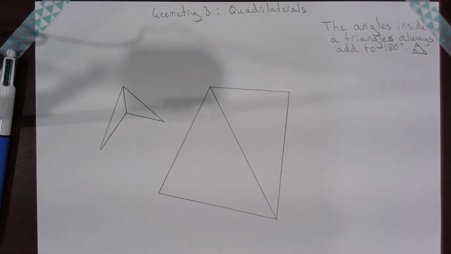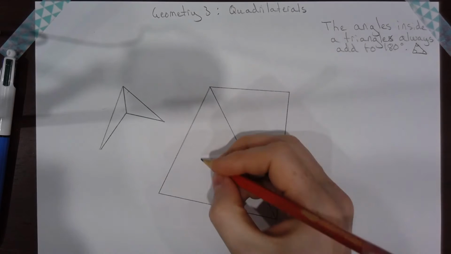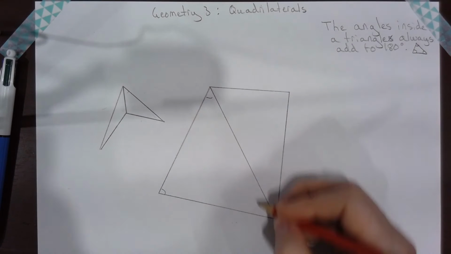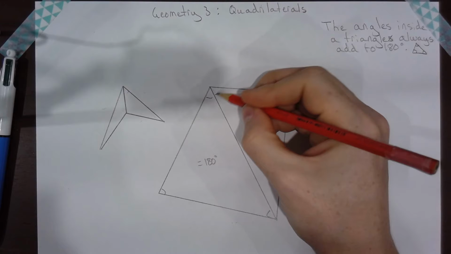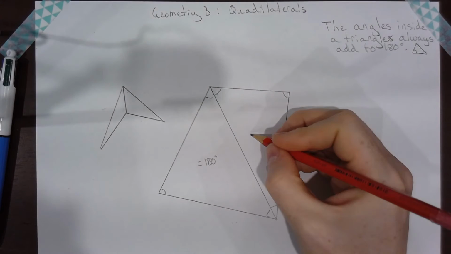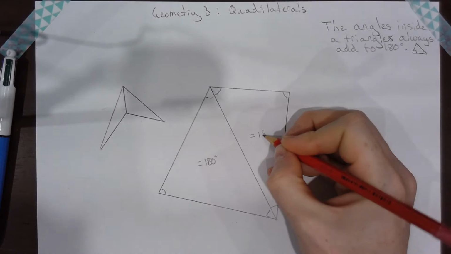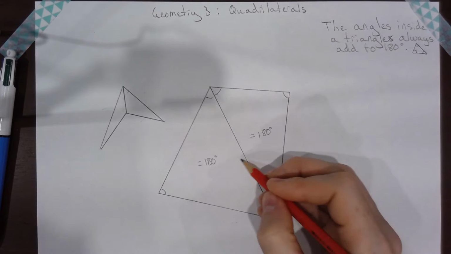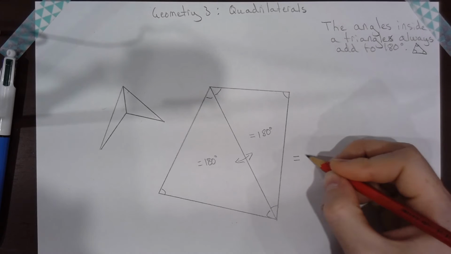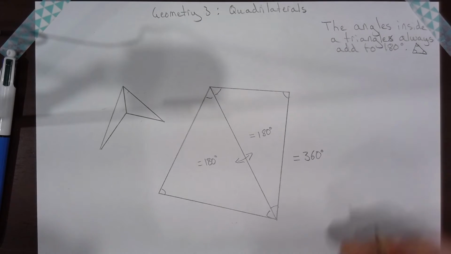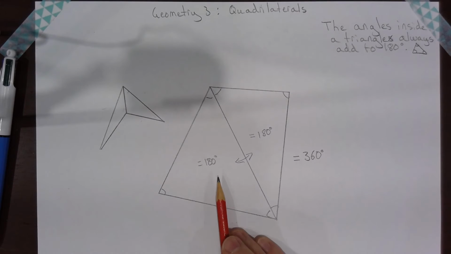So if these angles, this one here and this one here and this one here, equal 180 degrees, and these angles, this one here and this one here and this one here, also equal 180 degrees, then these 2 together must equal 360 degrees. And that is the case. Any quadrilateral, any 4-sided shape, the internal angles add up to 360 degrees.